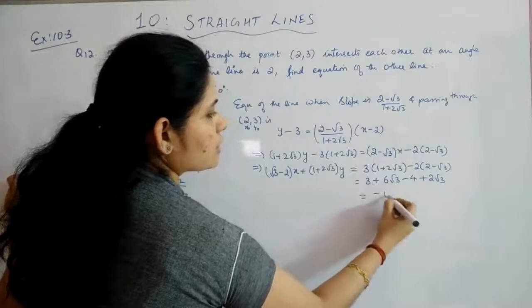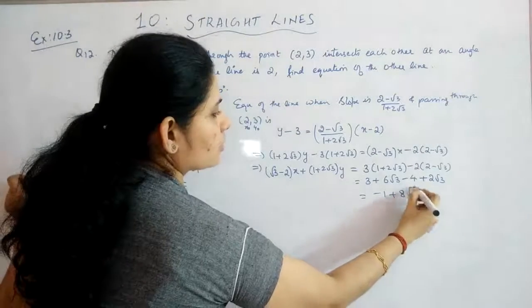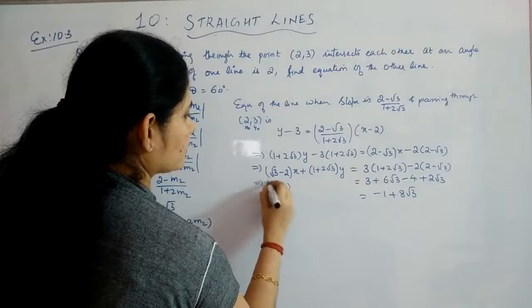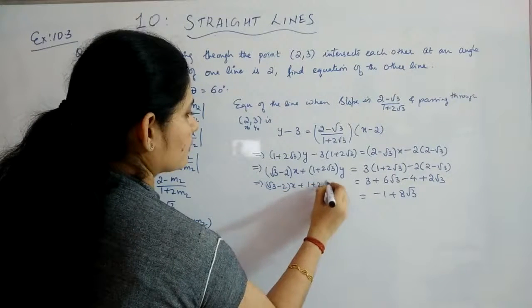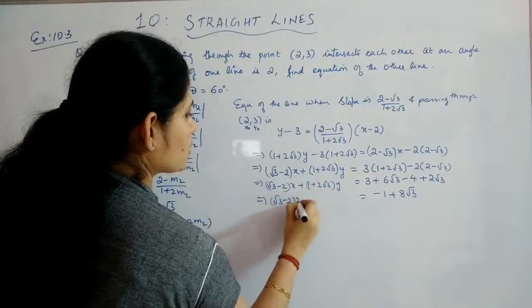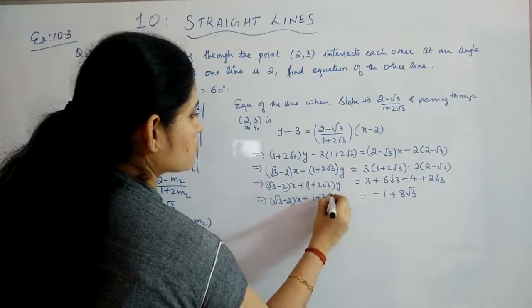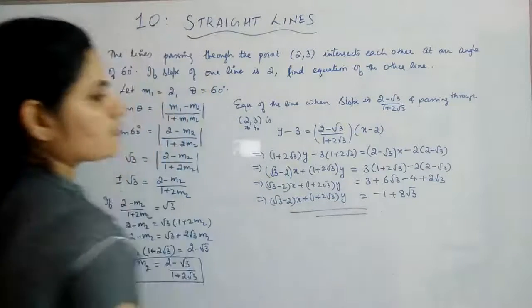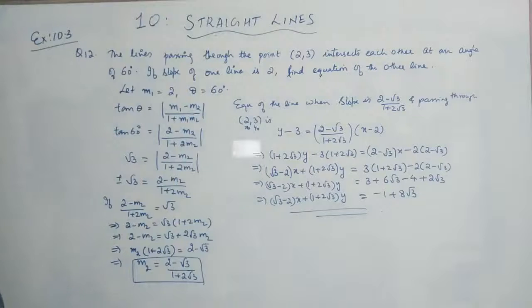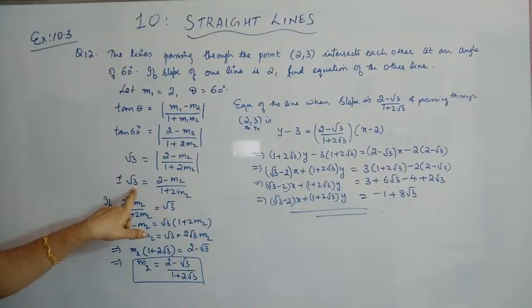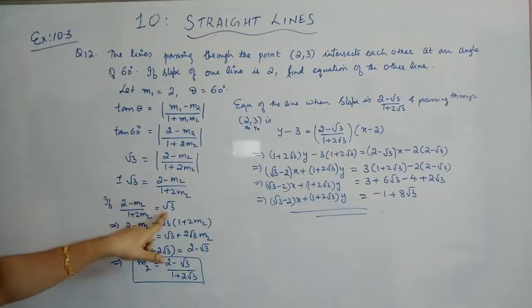Here you will get minus 1 plus 8 root 3, and this side you are having same, that is root 3 minus 2 into x plus 1 plus 2 root 3 into y is equal to minus 1 plus 8 root 3. This is one equation.